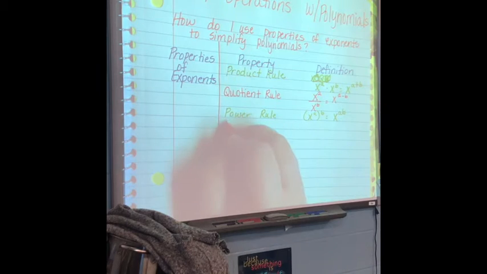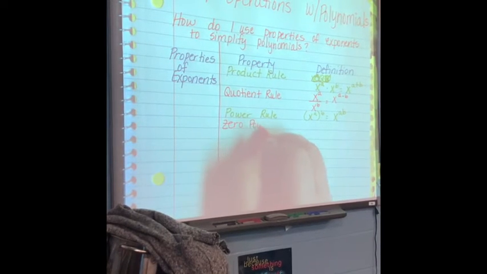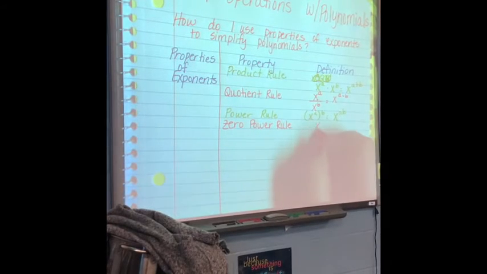Then we have the zero power rule. And it says anything to the zero power is simply 1.